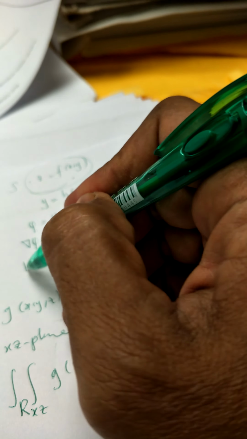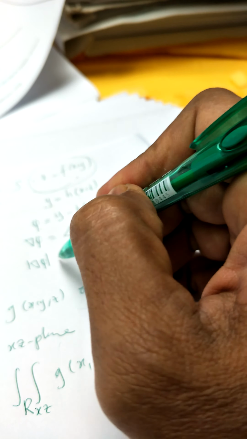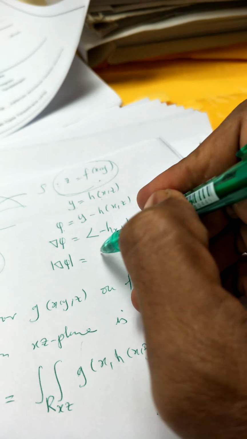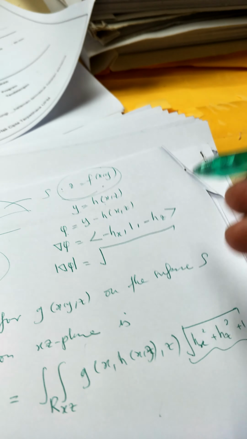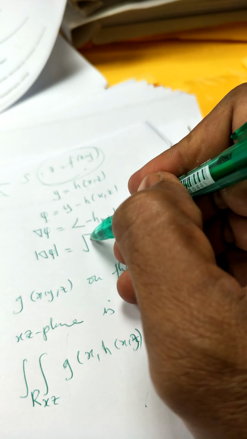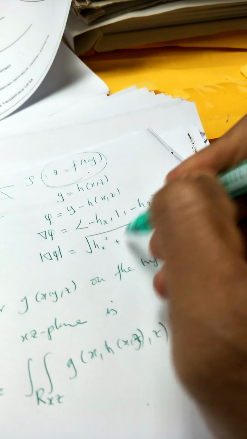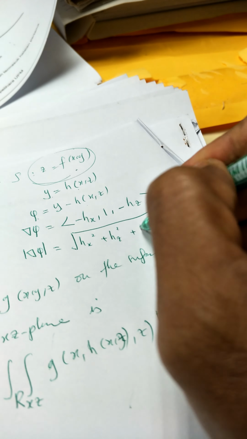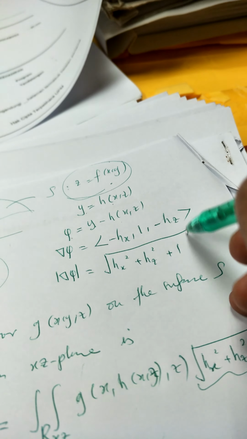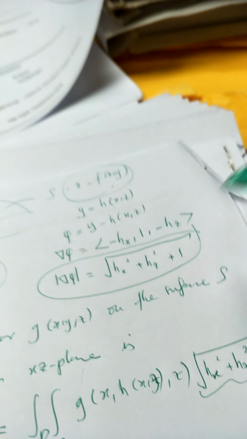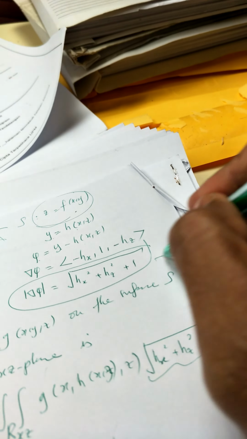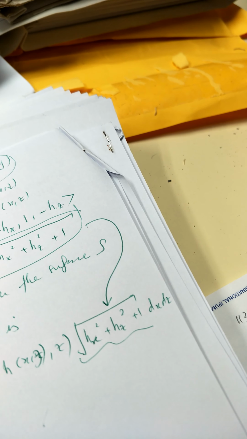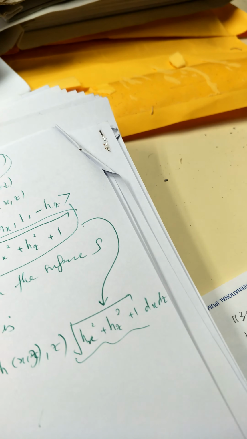If you take the magnitude of this gradient of phi, we have the square root of h_x squared plus h_z squared plus 1. These terms we put in the integral here.